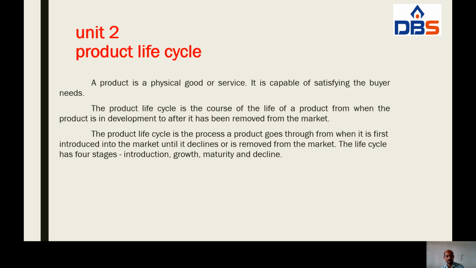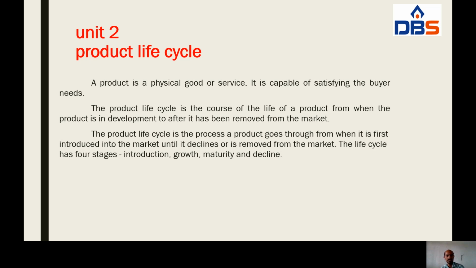It means customers tend to buy more and more. In this stage, sales volume and sales value are very high.